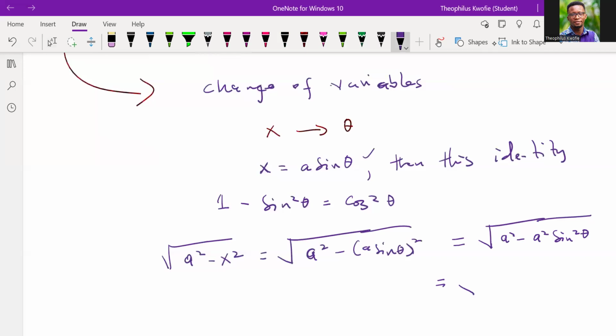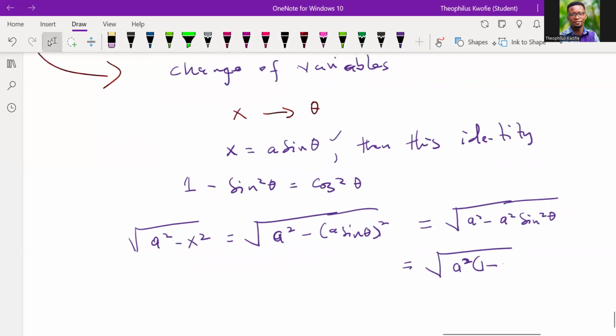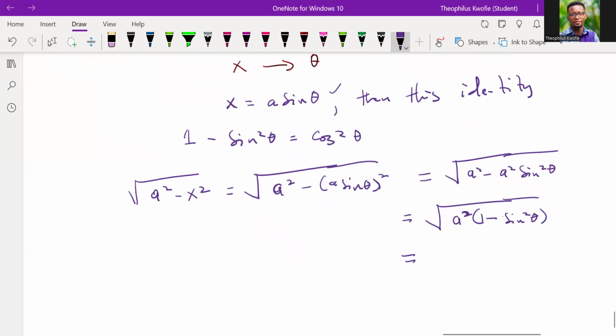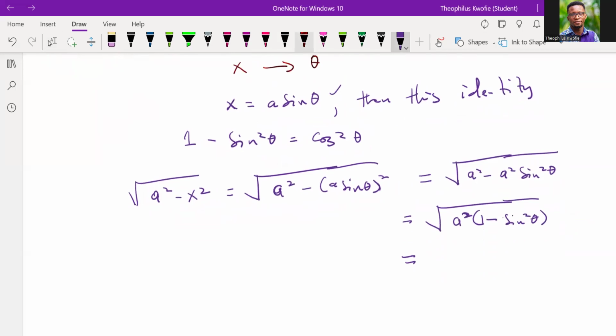And when we factor out A, but so far we said that this is what?